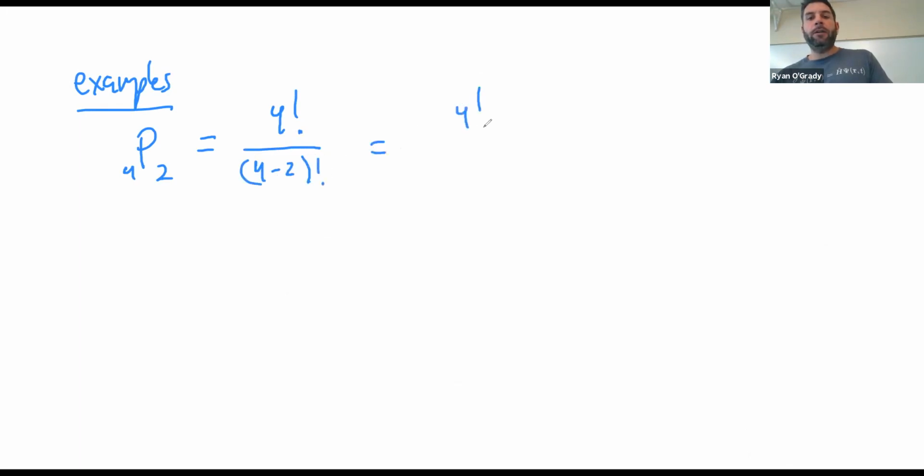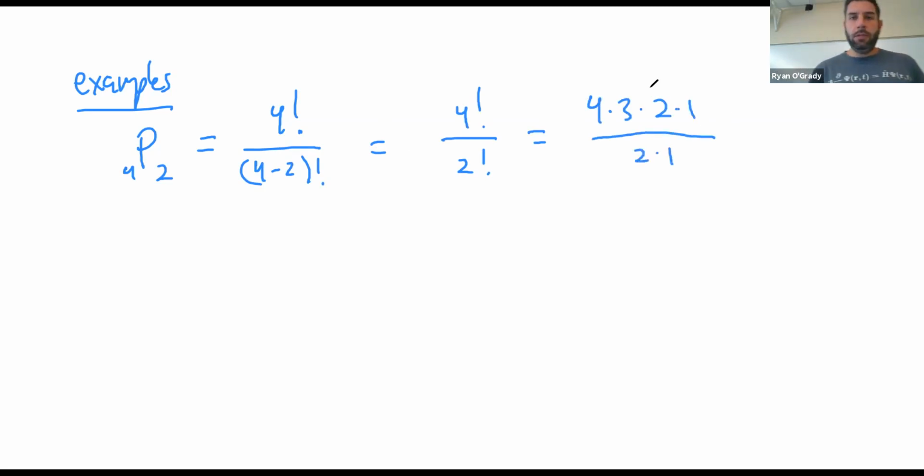And that's 4 factorial over 2 factorial. And you can write this out. It doesn't matter how you want to do this, but if you want to make a connection with our example, you can do it this way, and you'll notice that these common factors go away, and this is 12, as we had before.